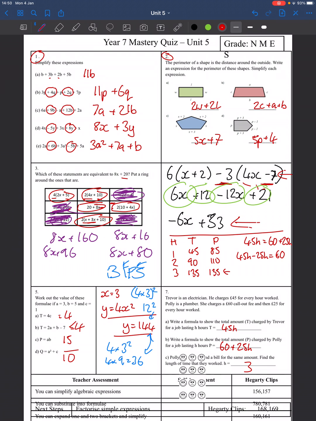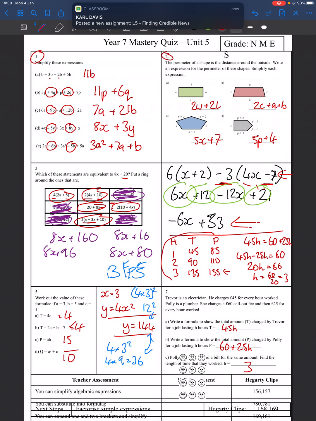I can then reduce this down. So this becomes 20H equals 60. I'm then going to divide both sides by 20 and end up with H equals 60 over 20, which is, of course, 3. So I saw little tables like this, and this is absolutely fine. If you got the answer that way, I'm a happy man. So there we go. That's the quiz.